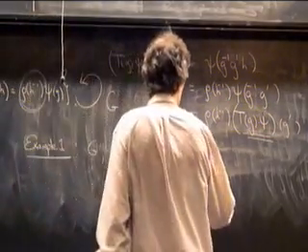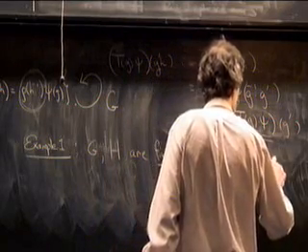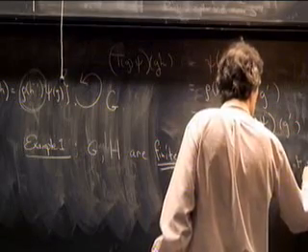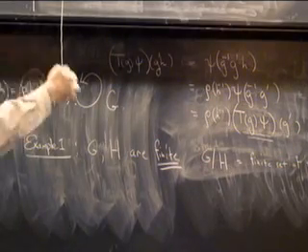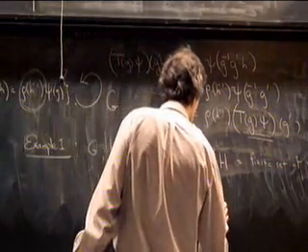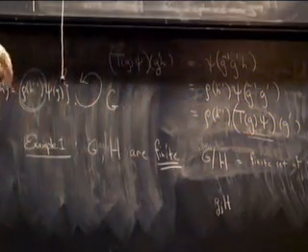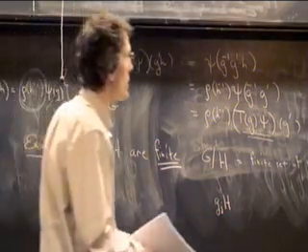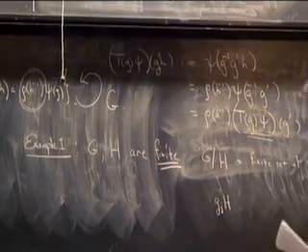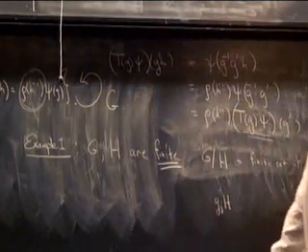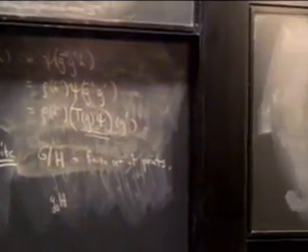So G mod H is a finite set of points, a finite set of cosets. And over each of these cosets, let's call it G sub J H, there is a copy of H. So it's an H bundle over this finite set of points. So we can certainly talk about induced representations and think about them geometrically.